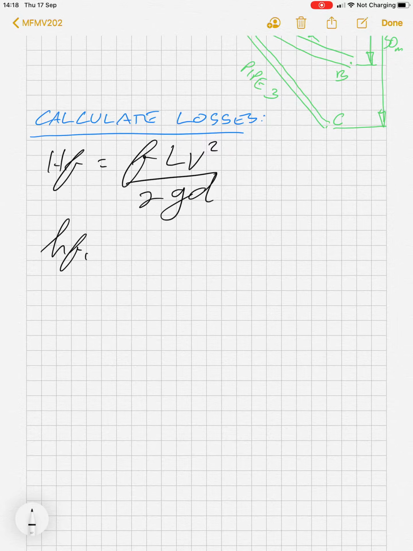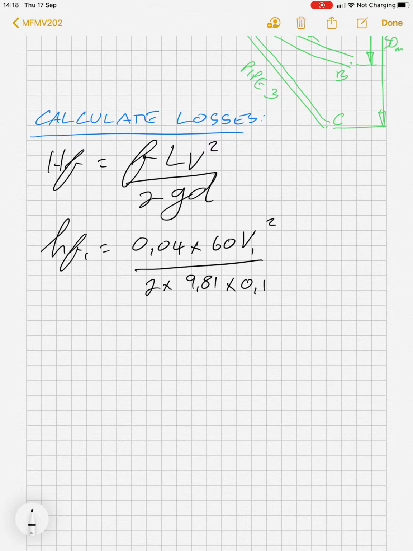So the head loss due to friction in pipe number 1 is 0.04 times 60 meters times V1 squared, divided by 2 times 9.81 times the diameter 0.1, and that gives us 1.223 V1 squared.